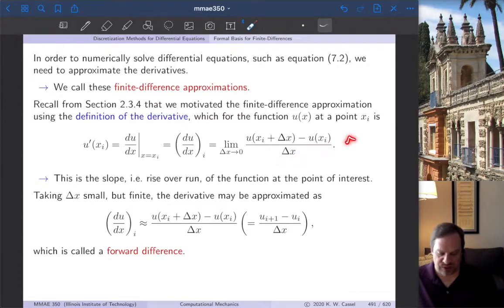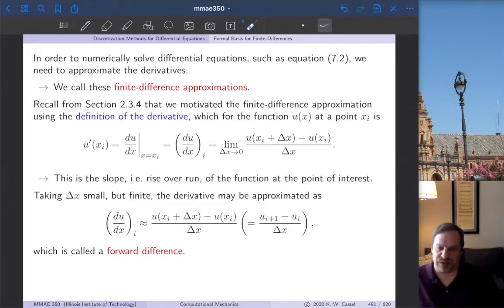So again, this is rise over run. It's the change in u divided by the distance between them, and this is an exact expression as long as delta x goes all the way to 0.